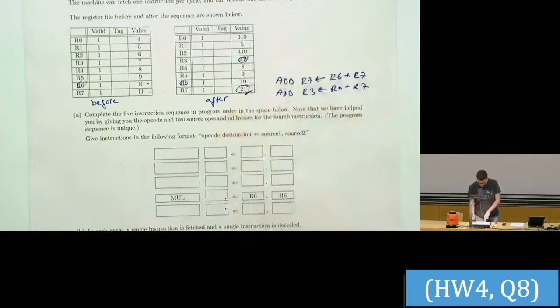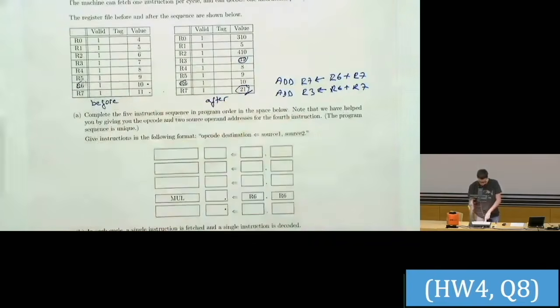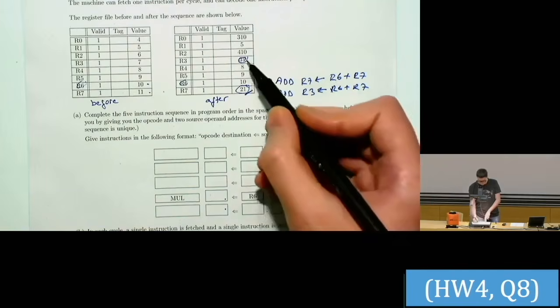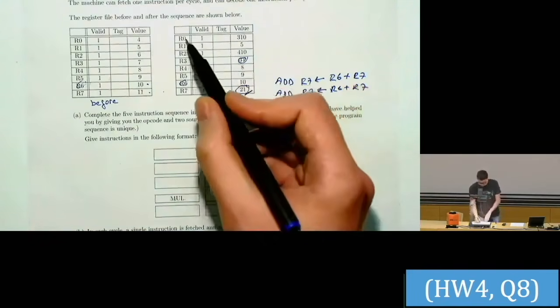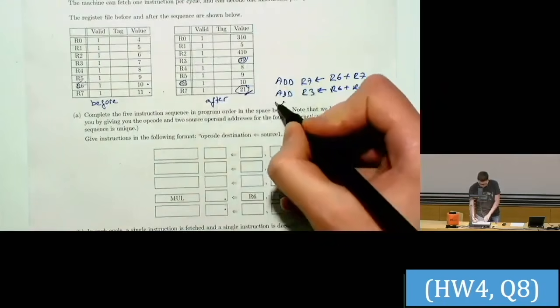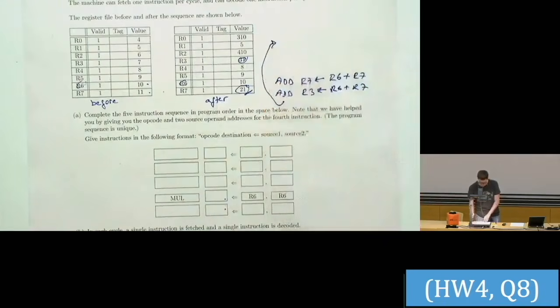So we did that too. Other values that are updated are R0 and R2. So for R0, what we can do is, we already calculated 31 here, and we have 10, and we have the multiplication instruction. So we can multiply those two registers and write the result to R0. So it will be a bit ugly, but this is the next instruction here.